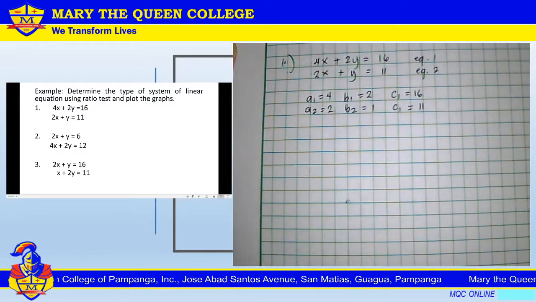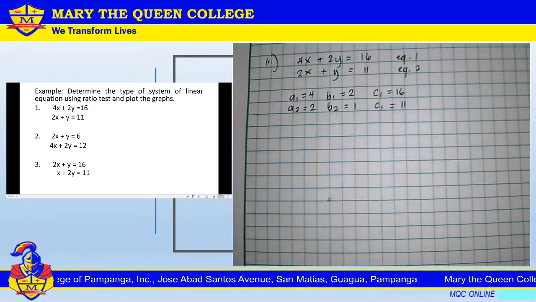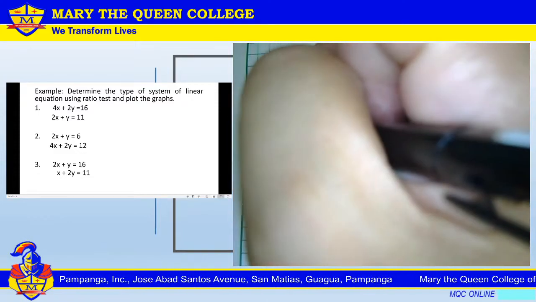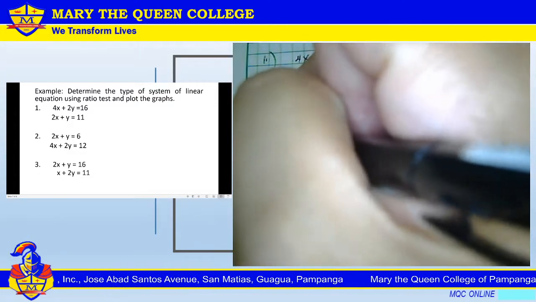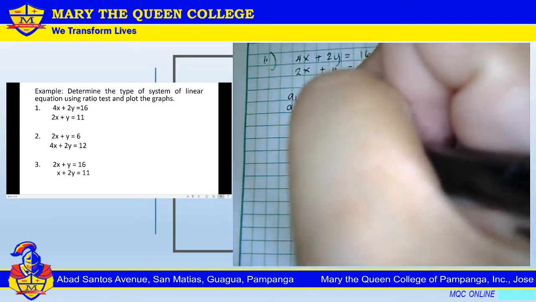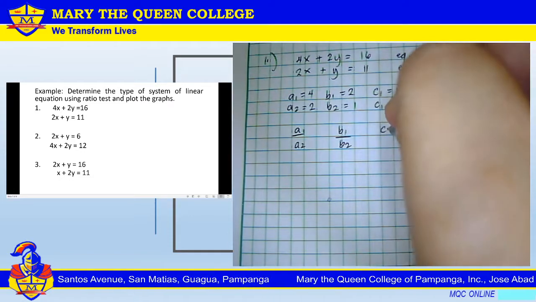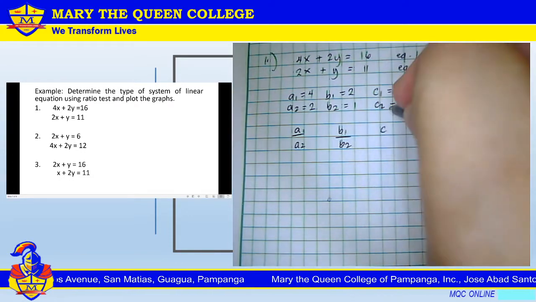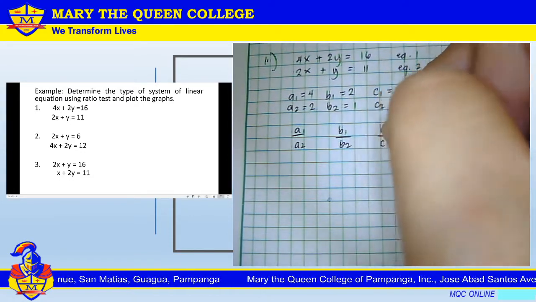So applying the ratio test here, we have a sub 1 over a sub 2, then b sub 1 over b sub 2, then c sub 1 over c sub 2.